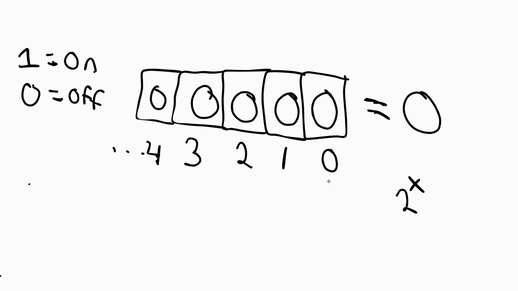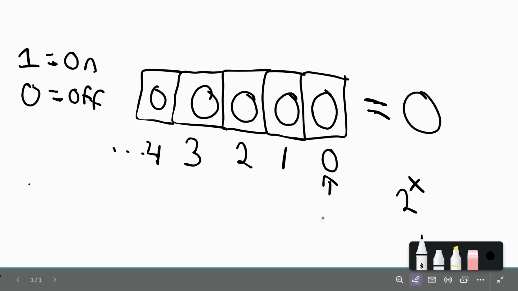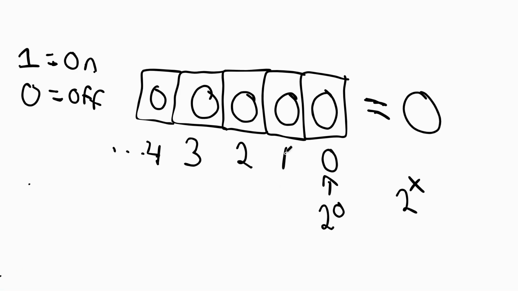So this slot right here would be 2 to the 0 power. The 1 slot would be 2 to the 1. The 2 slot would be 2 to the 2. The 3 slot would be 2 to the 3rd, and the 4 slot would be 2 to the 4.